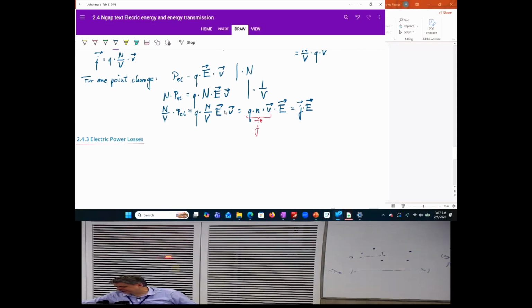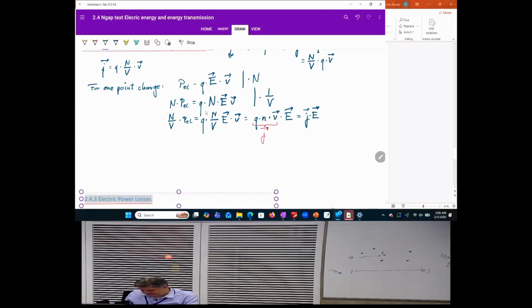What matters is the component of the electric field, which coincides here with the direction of the velocity vector. So this here is basically your power for n particles moving through the field.